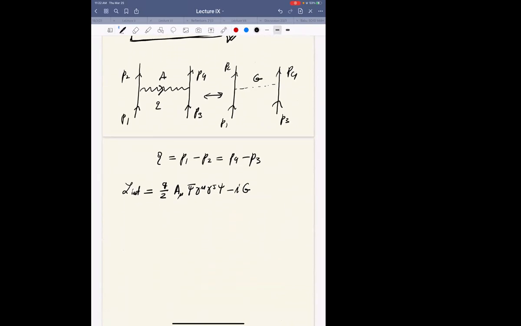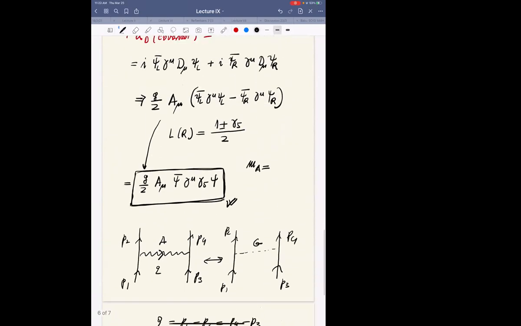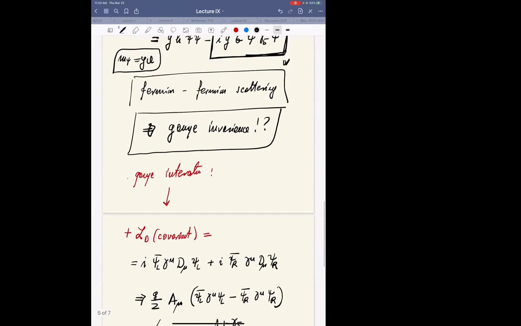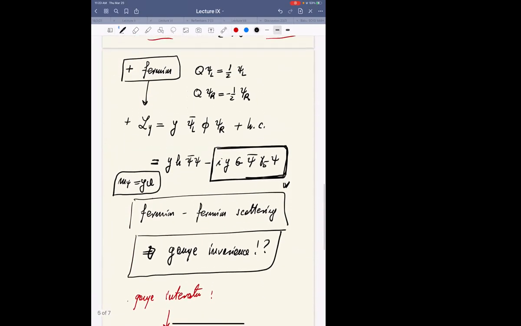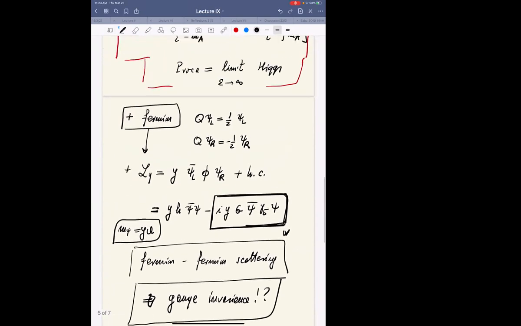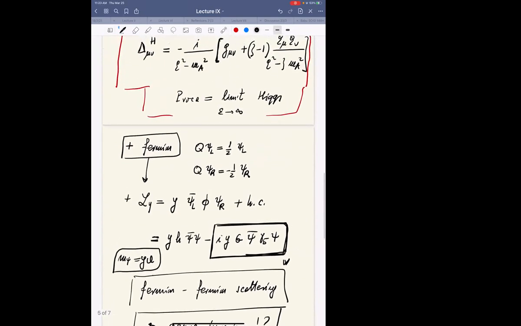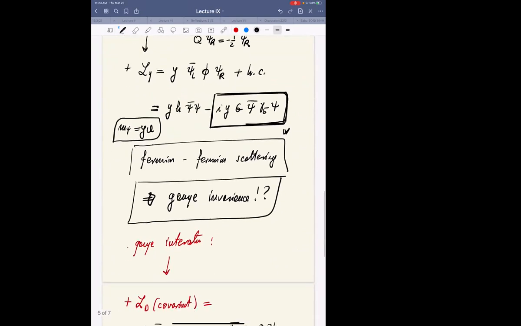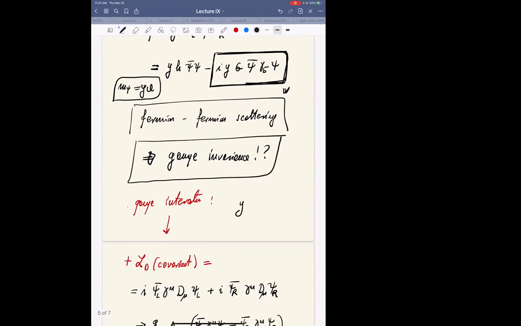So Yukawa is M over v, M fermion over v.